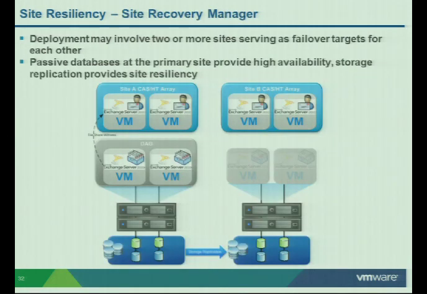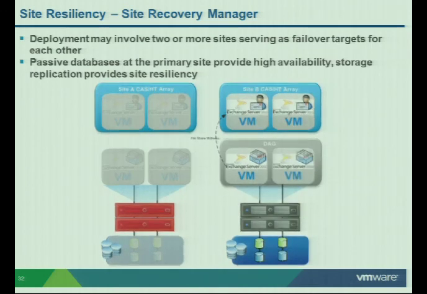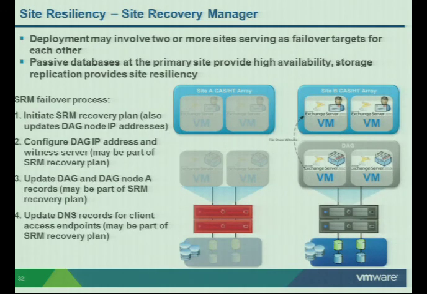An option that we've deployed in a few customer sites is where they actually want to just go ahead and be able to migrate the entire DAG. So this gives them the capability of, during a failover scenario, actually maintaining the same level of high availability in the target site. On top of that, the process of doing this, and I'll just click through this animation here, is not specific to Exchange.